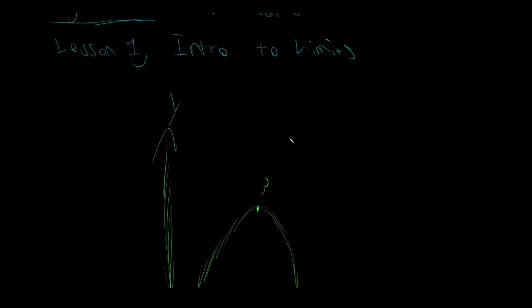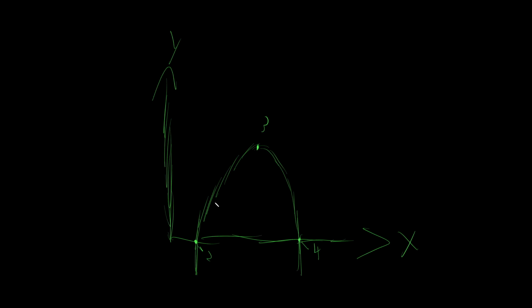It might seem like they do, but they're asking what value you approach as x gets infinitely close to a number such as x equals 3. And they're defined in this notation.